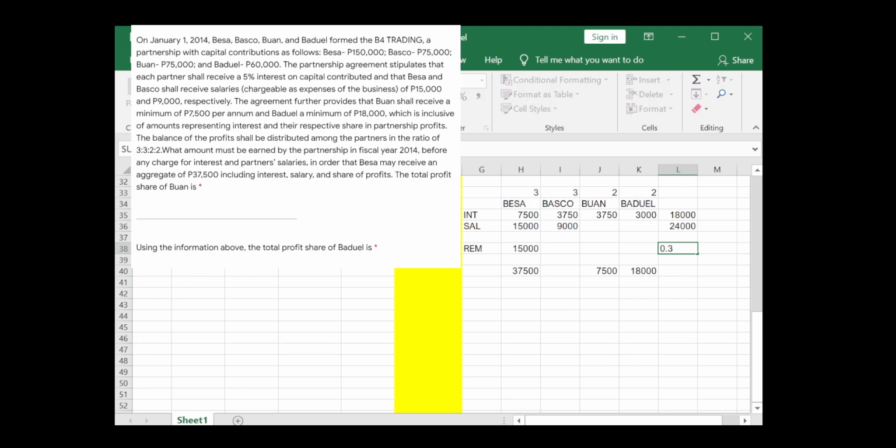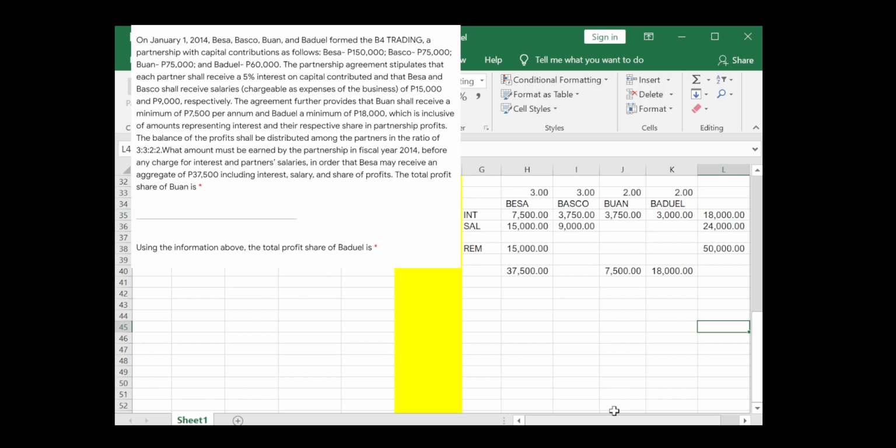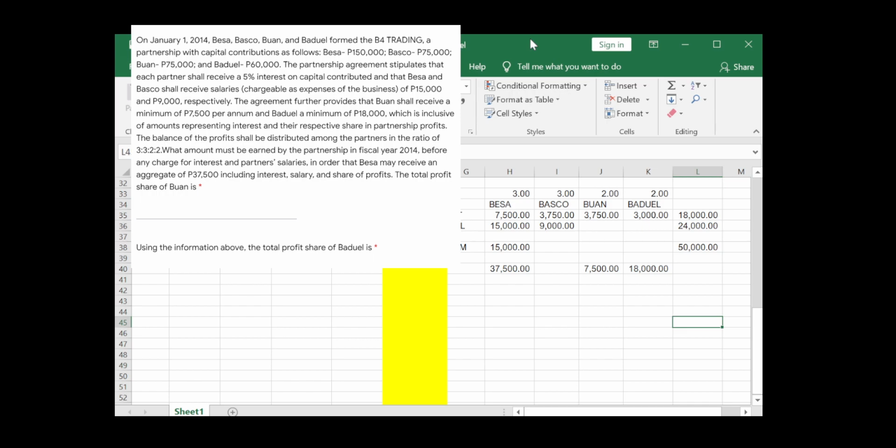Divide po tayo. Okay, so it means meron siyang yung total remaining profit. Yung total remaining profit is 50,000. Ayan. So, it means meron tayong remaining profit na 50,000. Ito yung pinaghatian ng mga partners. Okay, so ilagay na natin kay Basco, which is also 30%. So, 15,000 pa din.